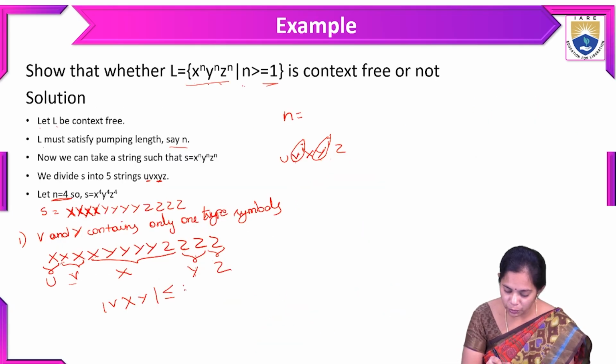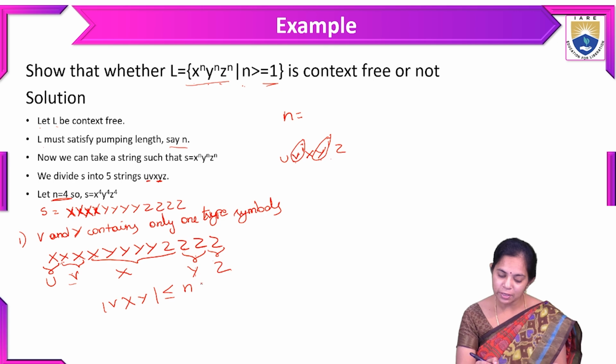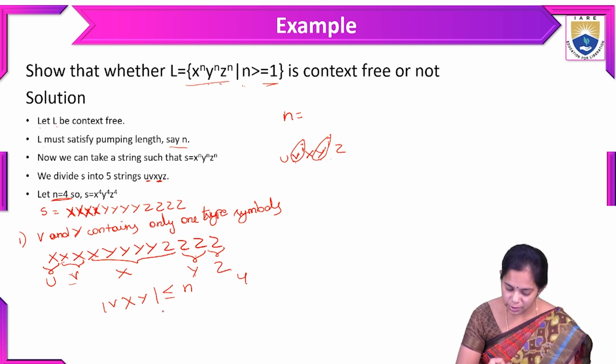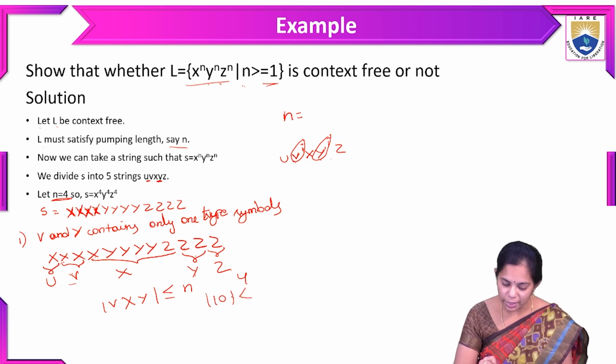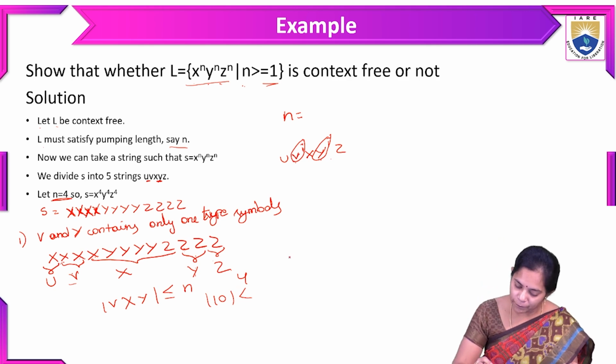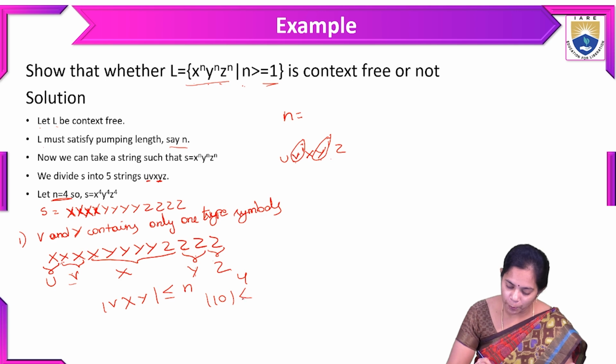The n is nothing but 4, so here the modulus is 10, and we are dividing that into 5 parts.